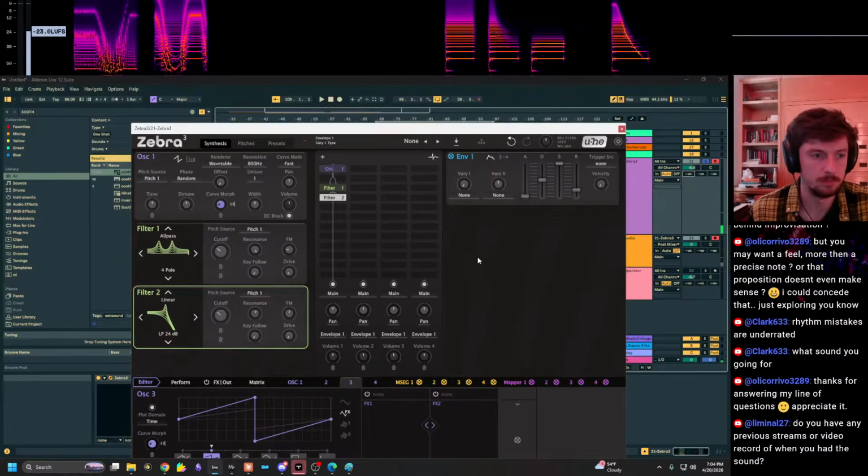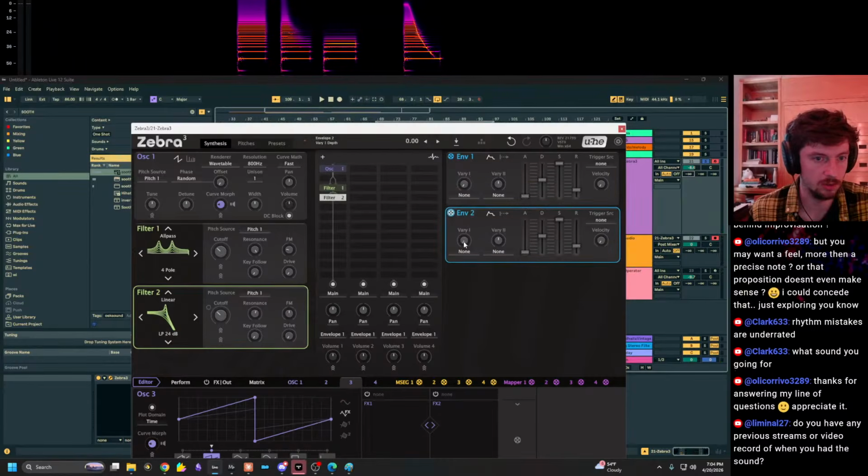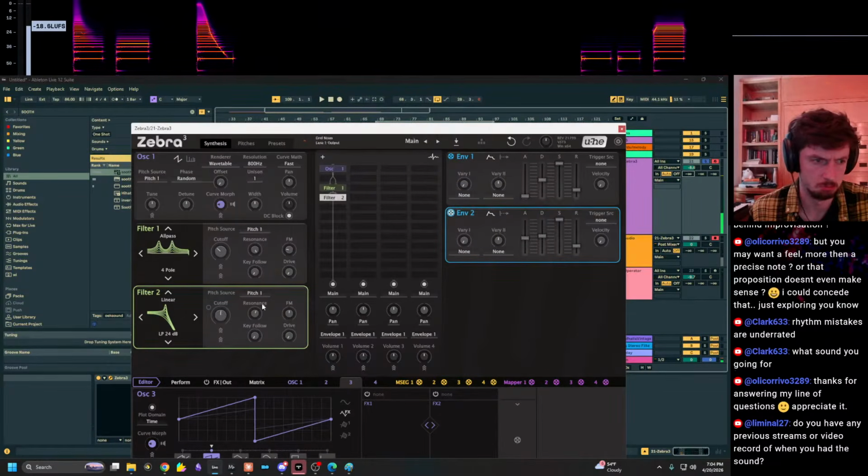And then we'll add modulation, another envelope. Come on.